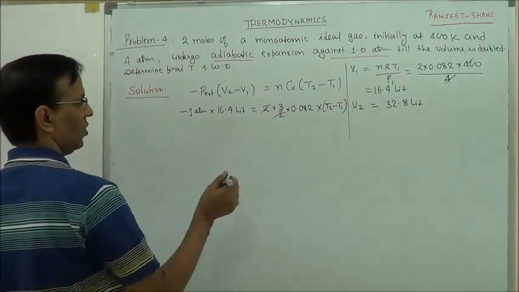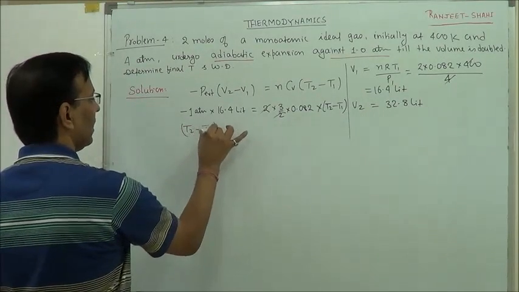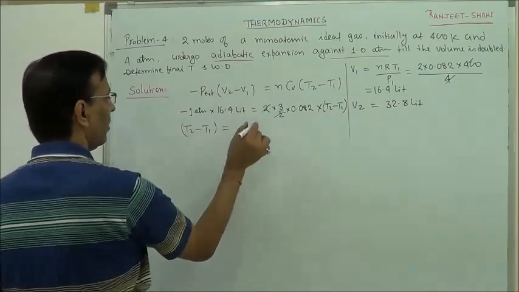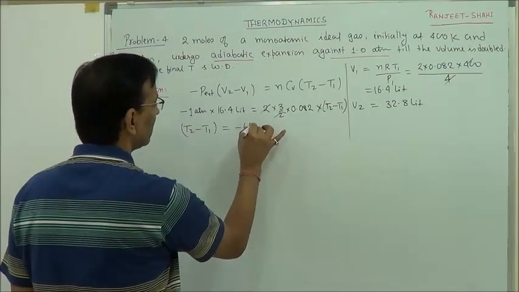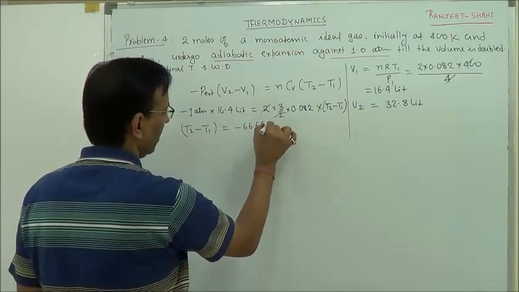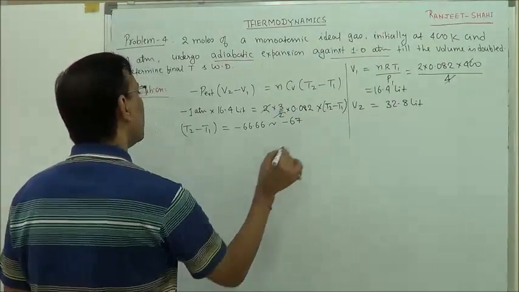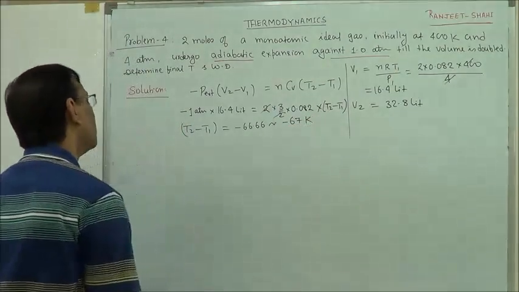So T2 minus T1 is calculated to be minus 66.66, so it can be approximated to be minus 67 Kelvin.